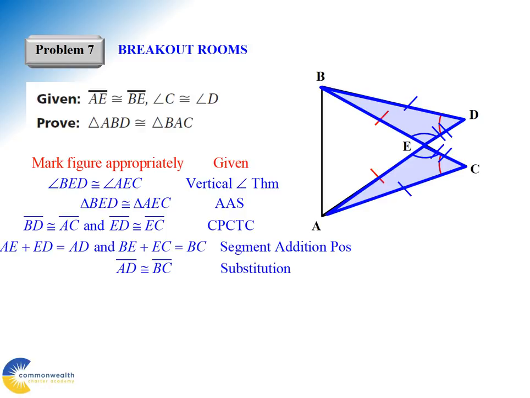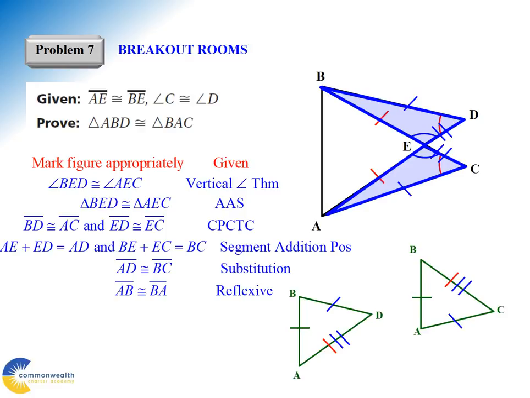What I'm doing here is establishing what I need for my triangles. I could go a couple of ways with this. I know that AB and BA are congruent to each other, and I'm looking at these triangles here. I could have also stated that angle D is congruent to angle C again, but this one was going a different route.